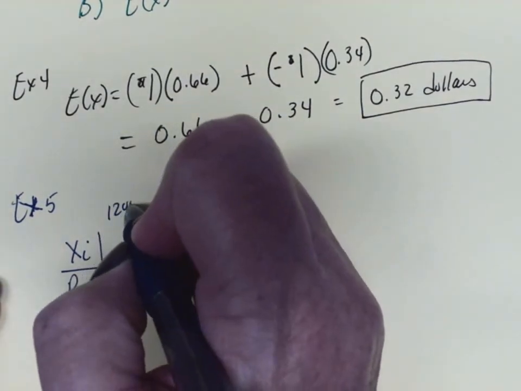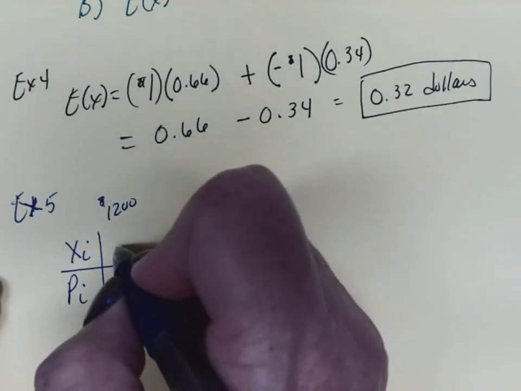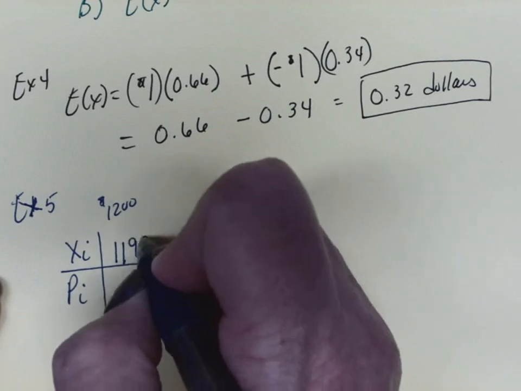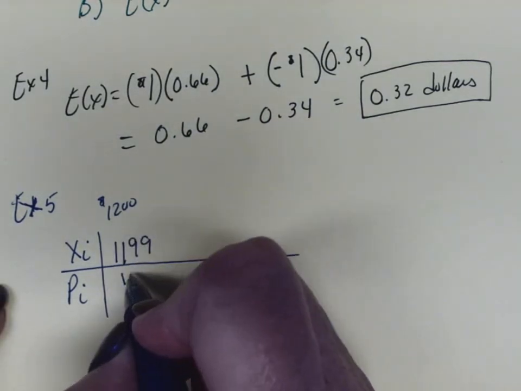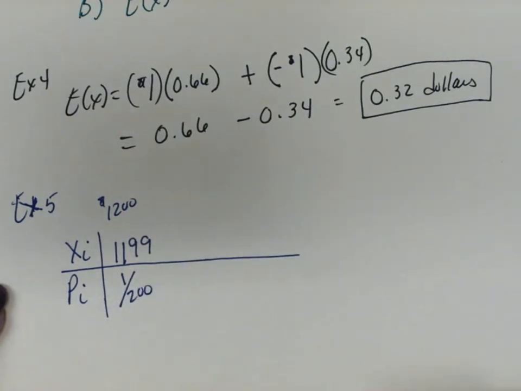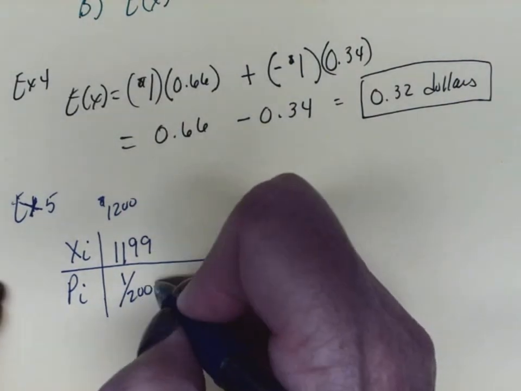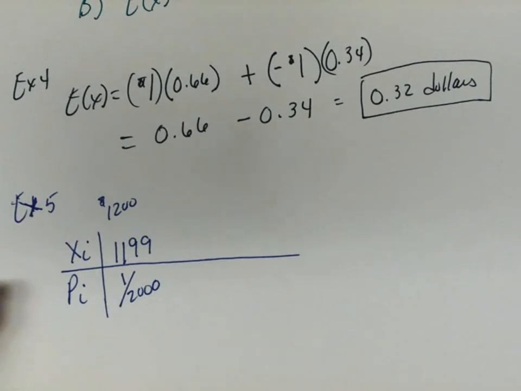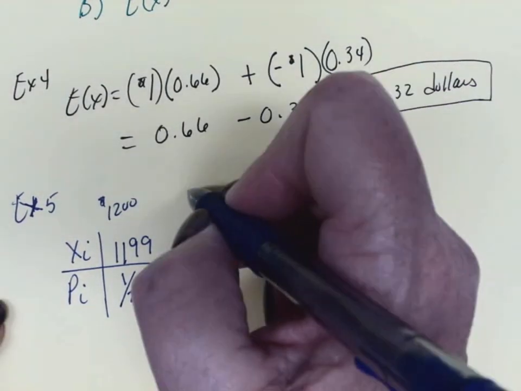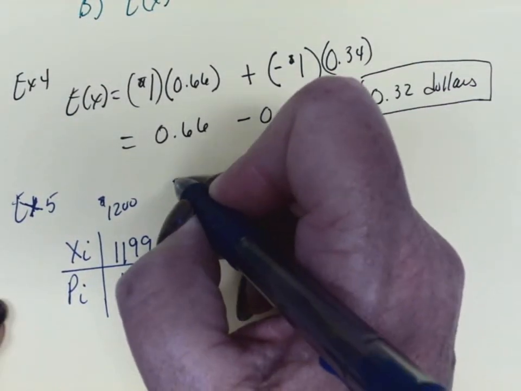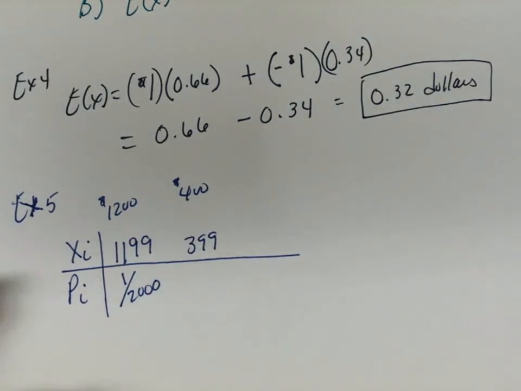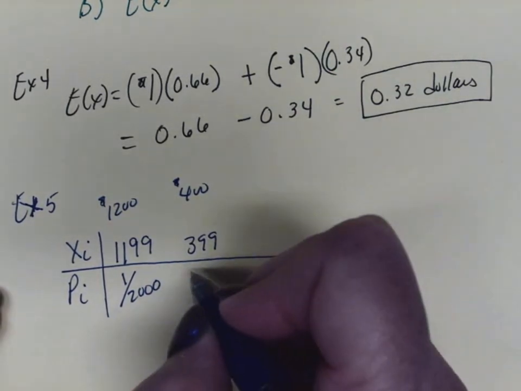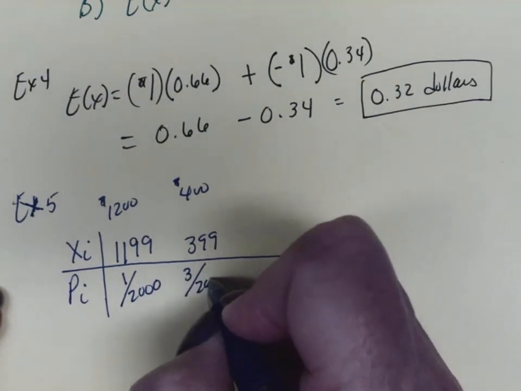For the $1,200 ticket, the amount would be $1,199 because we have to subtract 1. There was only one opportunity to win the $1,200, so the probability is 1 out of 2,000. For the $400, the gain would be $399 because they had to pay $1 for the ticket, and there were 3 of those out of 2,000.